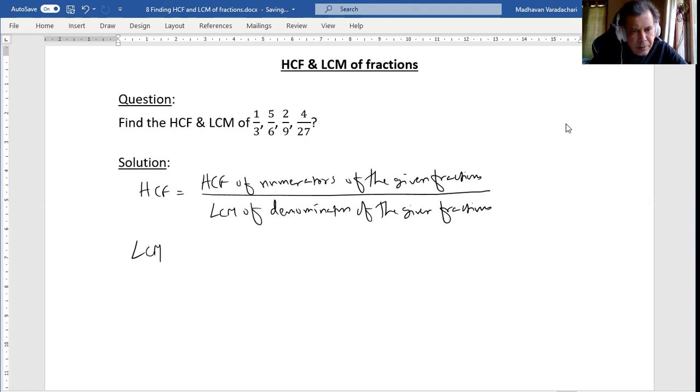Similarly, LCM can be found out as LCM of numerators divided by HCF of denominators.